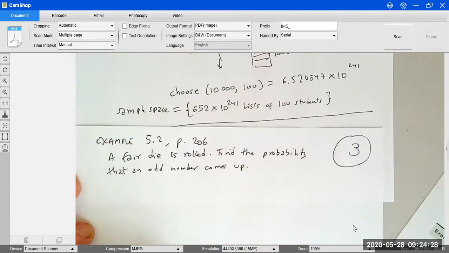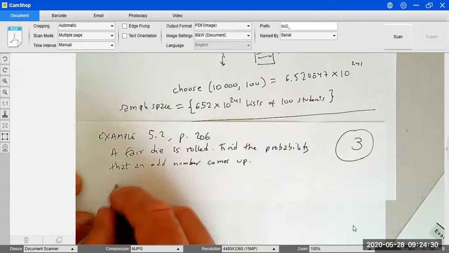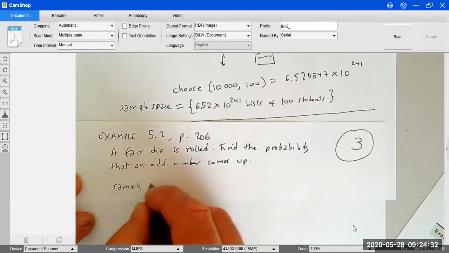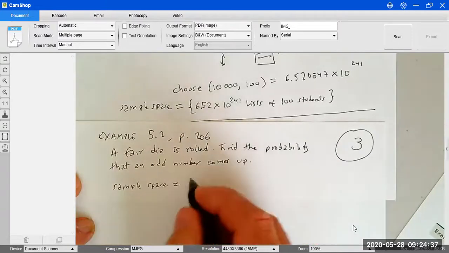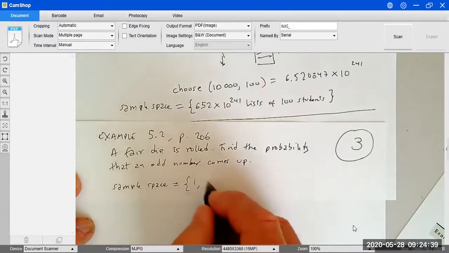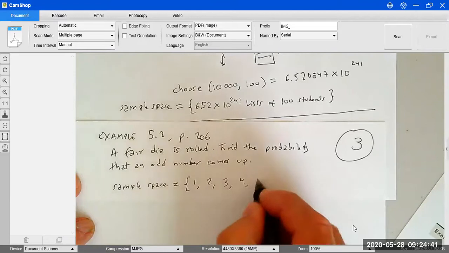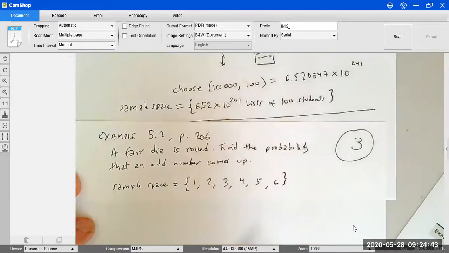So first we need the sample space. So we know that the sample space is just numbers 1, 2, 3, 4, 5, and 6.